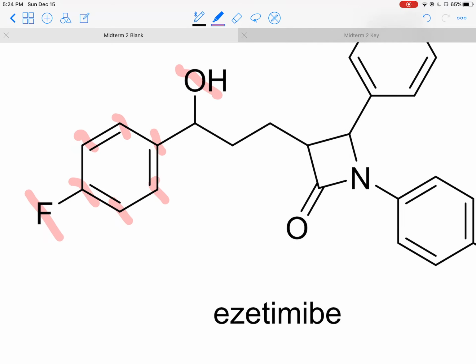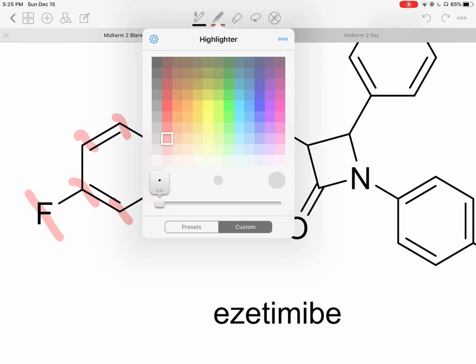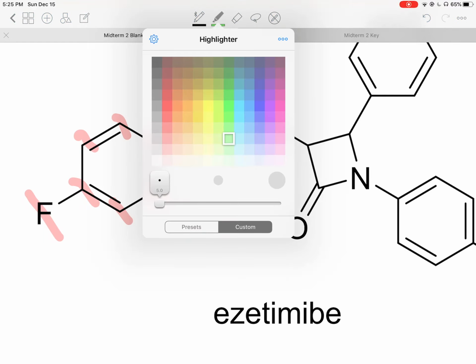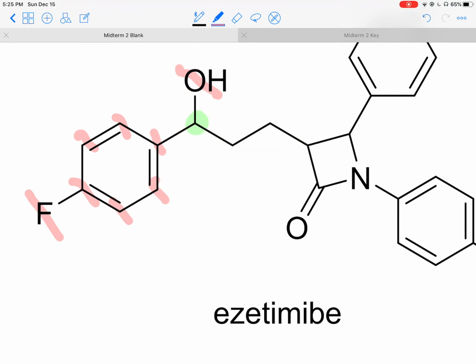If we look at this carbon right here, it has this group, the benzene, it has this whole group, it has the oxygen group, and it has a hydrogen. So this is a stereocenter because it's connected to 4 different things. So let's do that one in green. This one is not.